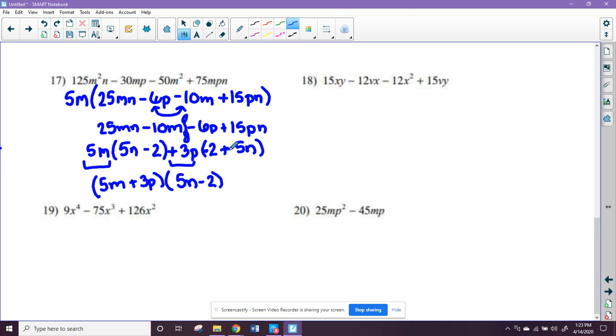The last problem we're going to look at today is number 18. We have 4 terms. So again, 4 terms we're going to factor by grouping. But before we can factor by grouping, we need to see, do we have a greatest common factor that we can factor out?